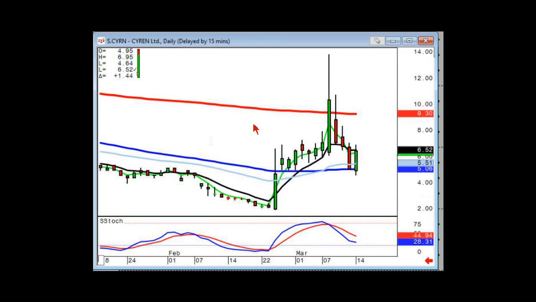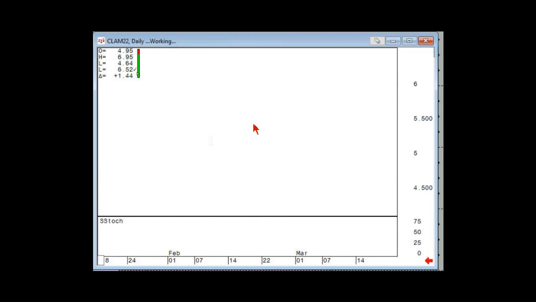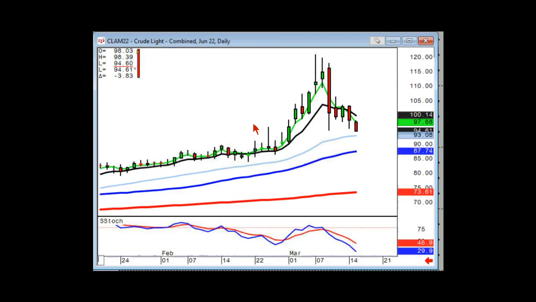Crude oil, have no idea. What are we looking at as far as crude oil? So crude oil on the June contract could be coming back here.